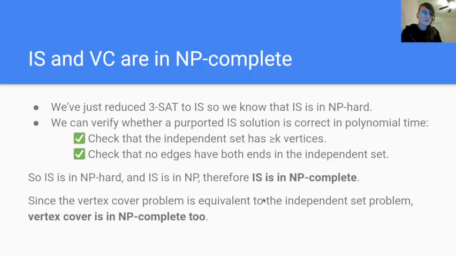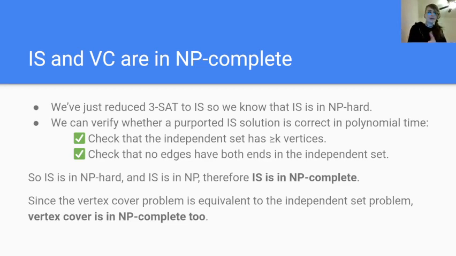So, in fact, we've just proven that independent set and vertex cover are NP-complete. We reduced 3-SAT to independent set, so we know that independent set is NP-hard. And we can actually verify whether a purported independent set solution is correct in polynomial time, so we know it is in NP.